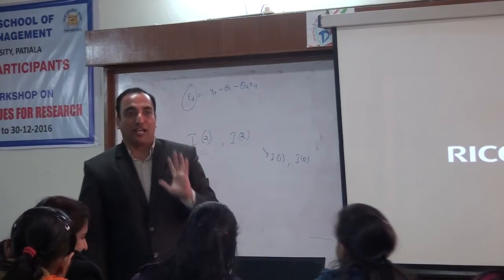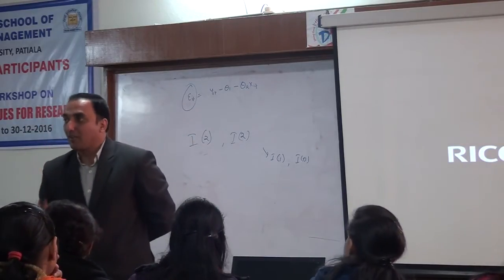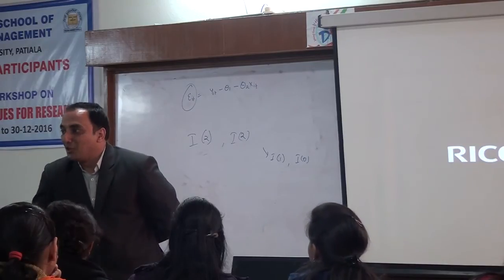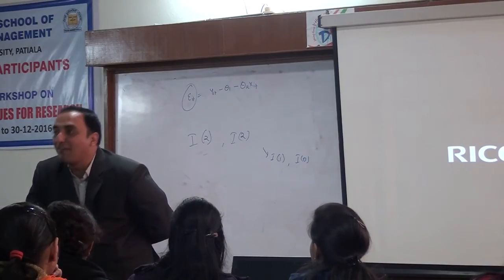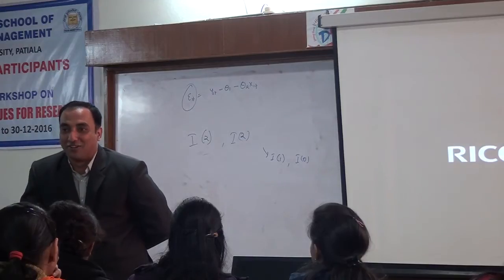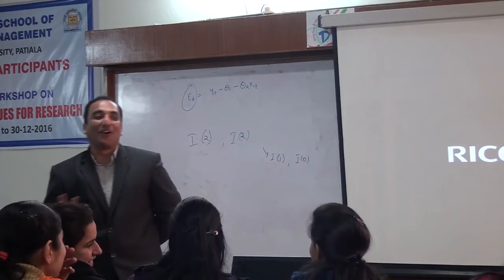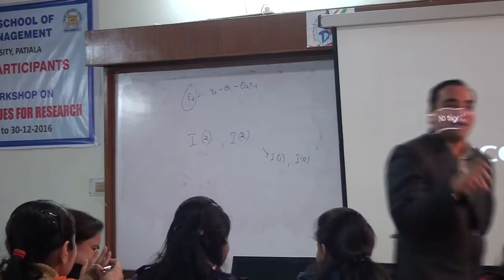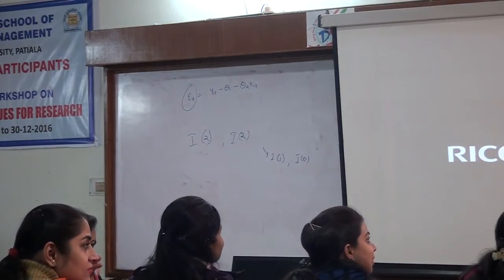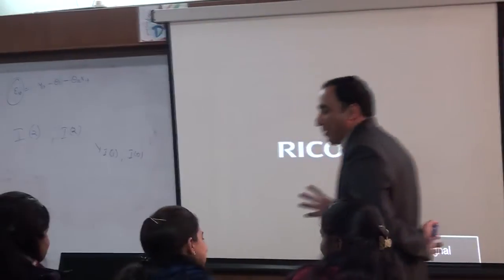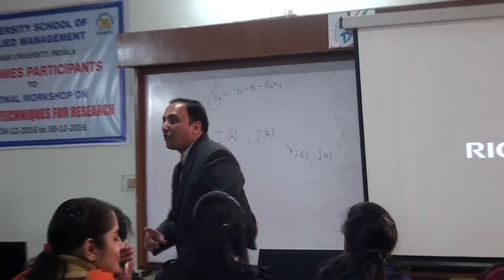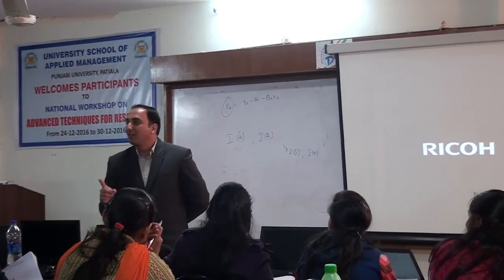It makes no sense. First I should ask how many children. She will say, I have 2 children. Then I will ask whether she is married or not. So you have to make sure what question you are asking. The first question is most important. So what is the first question here?